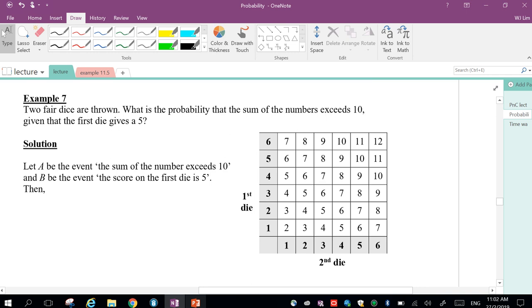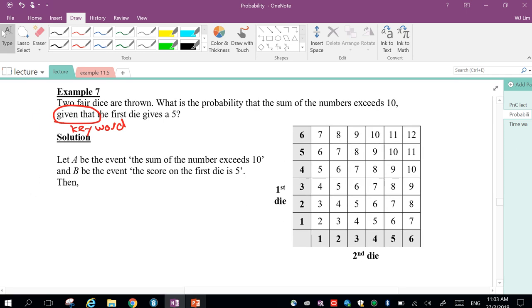Two pair of dice are thrown. What is the probability that the sum exceeds 10 given that the first die is 5? The keyword, please write down as well: given that. So you have to think of conditional probability. Is that clear?